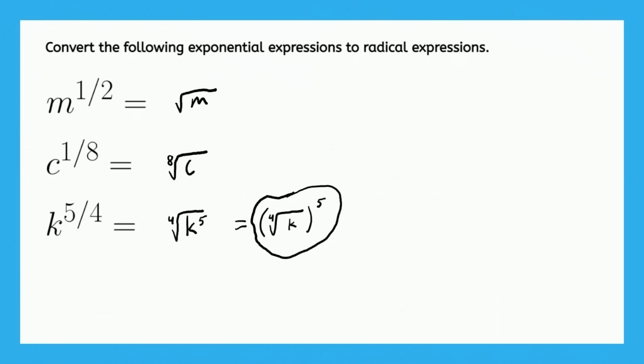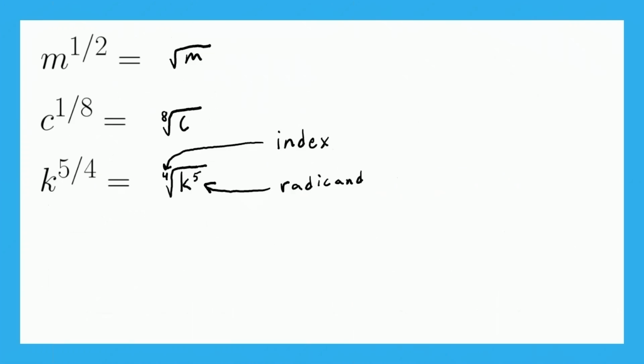All right, now let's talk about some specific terminology before we finish. The number that we have in front of the radical symbol, like in this case we have 4, in this case up here we had an 8, and in this case we have an implied 2, that number is what we call the index. And the number that we have inside the radical, whether it be a number by itself or a number with an exponent, that entire term is what we call the radicand.